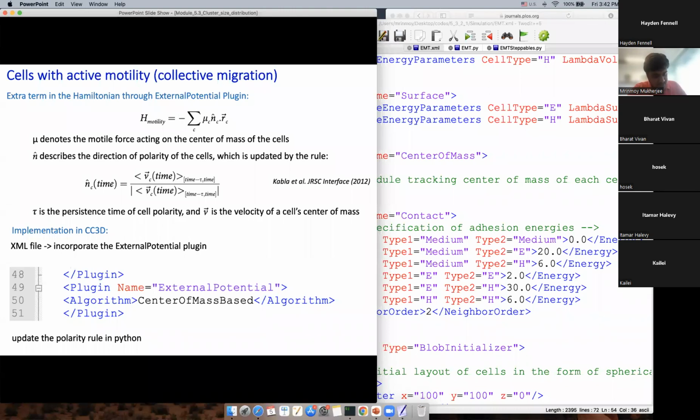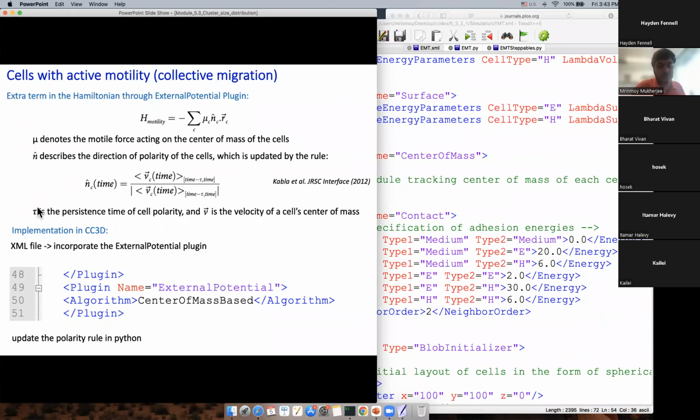This running length is called the persistence. So here we use some kind of rule taken from this paper. Here we assume the cells remember their velocity. That means the polarity direction of the cell will change depending on its mean velocity over a certain time.